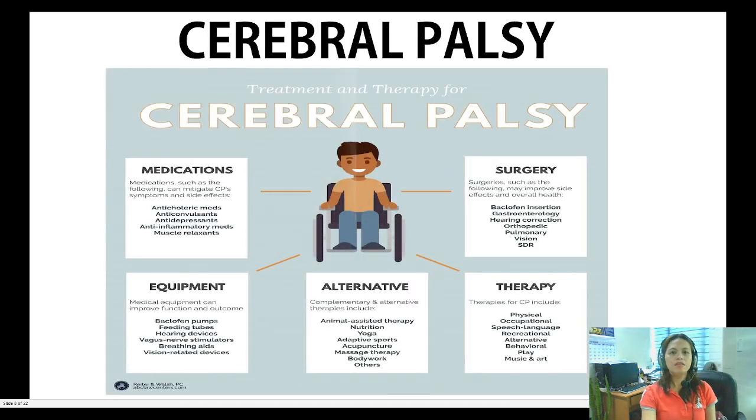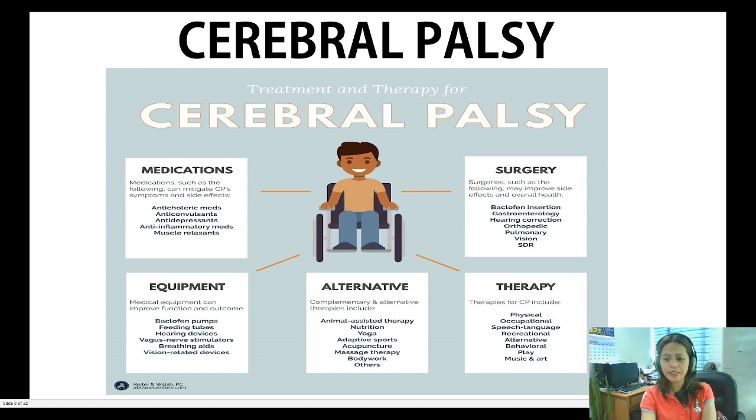So, cerebral palsy has different treatments and therapies. First is medication, which can mitigate symptoms and side effects. We also have equipment. Medical equipment can improve function and outcome. We also have surgery, which may improve side effects and overall health.